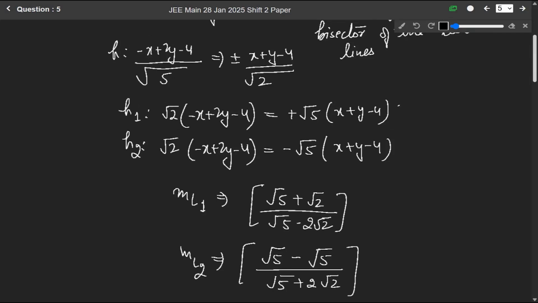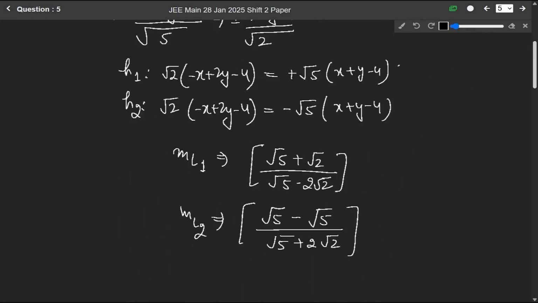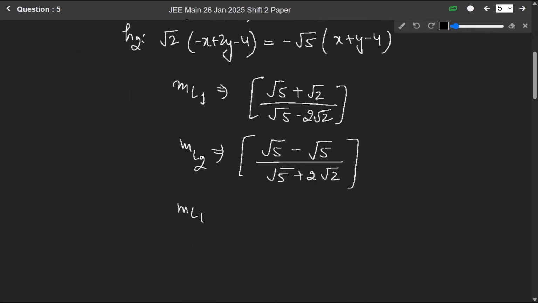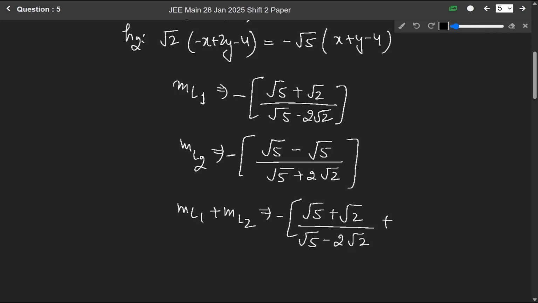Okay, so the sum of all, M L1 plus M L2, will be equal to, here there will be a minus also: minus (root 5 plus root 2) over (root 5 minus 2 root 2) plus (root 5 minus root 2) over (root 5 plus 2 root 2).